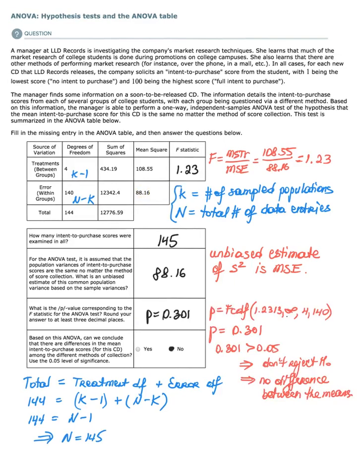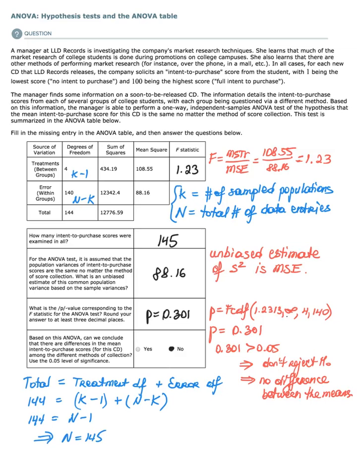The next part is asking to find the p-value corresponding to the F-statistic for the ANOVA test and round your answer to at least 3 decimal places. Please remember that we work with an F distribution that has a right-tailed setup whenever we work with any hypothesis in this format. To find the p-value means to find the area to the right of the F-statistic 1.23.